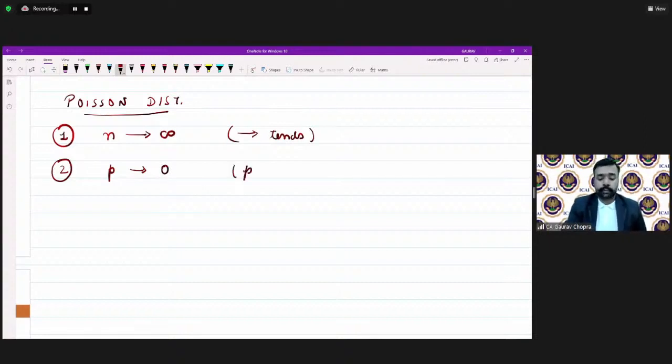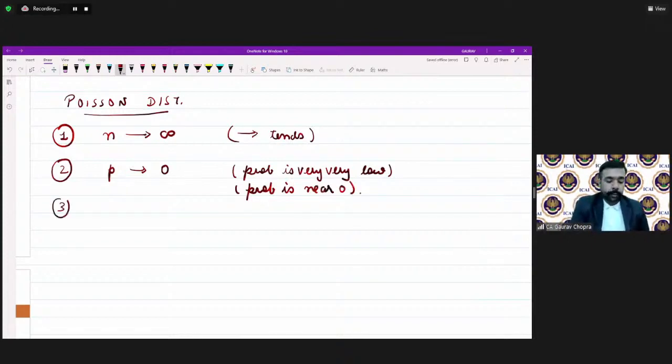That means probability of success here is very, very low. So that is why we have written p tends to 0. That means probability is not 0, but it is near 0.